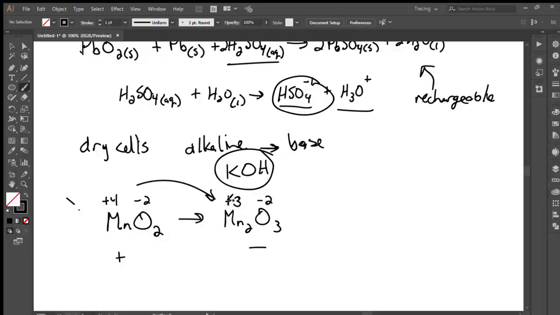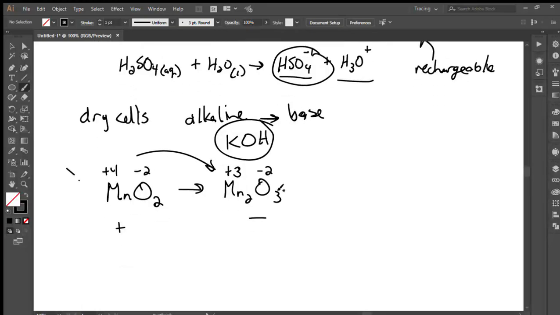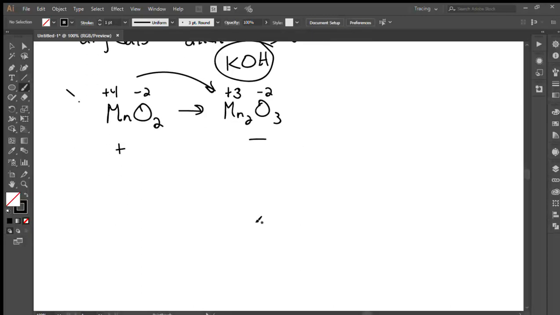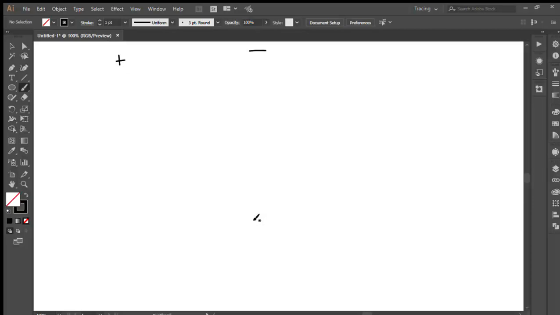So you see your oxidation changes there. Okay, so basically dry cells cannot be recharged though because it breaks down the manganese dioxide and becomes manganese trioxide or vice versa. Okay, last one they talk about is corrosion.